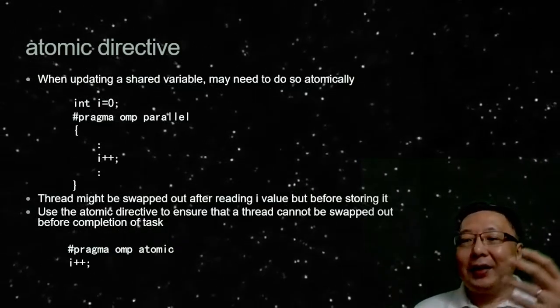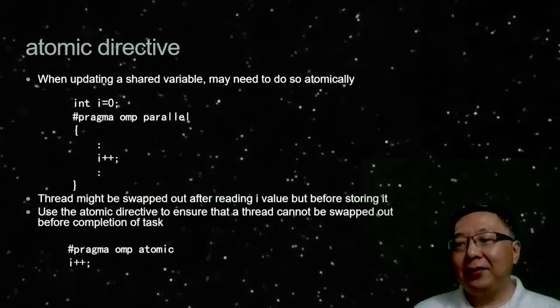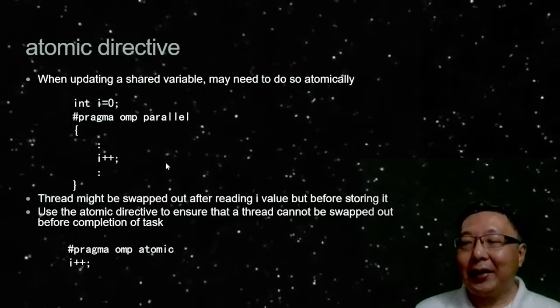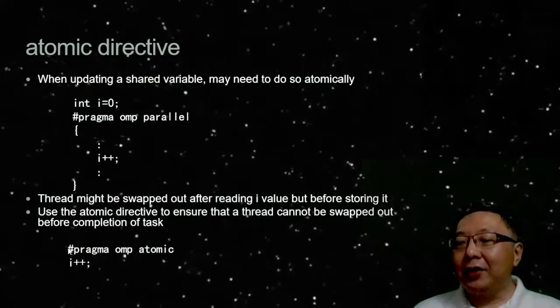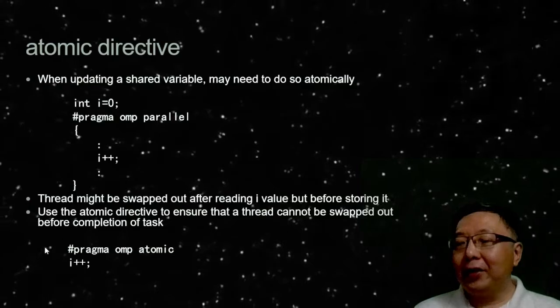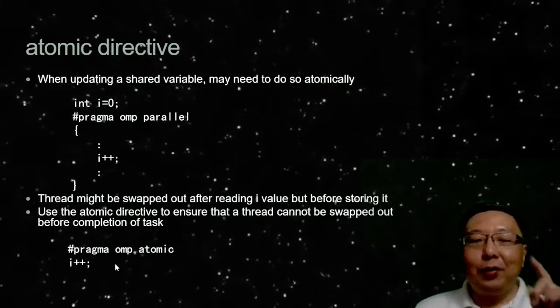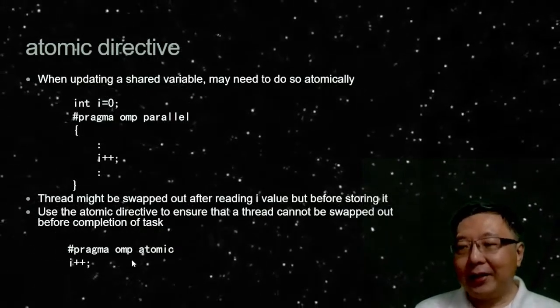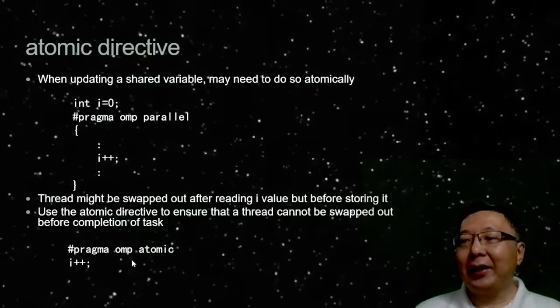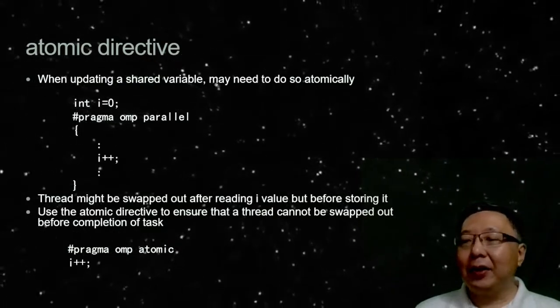So instead of getting 6, you get 5, because 2 of them added at the same time. So what you do is you use this pragma OMP atomic to make sure that only one thread can do this command at a time. So that's how you can do that.